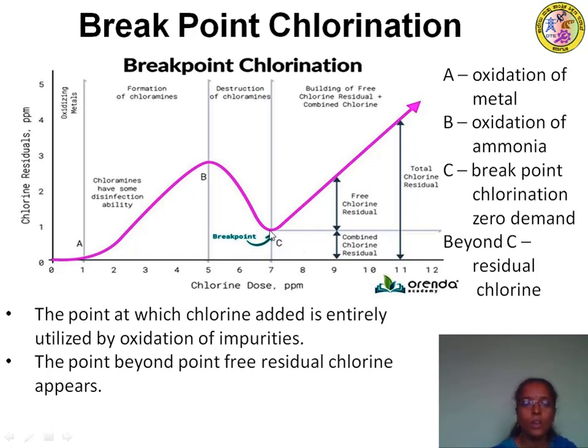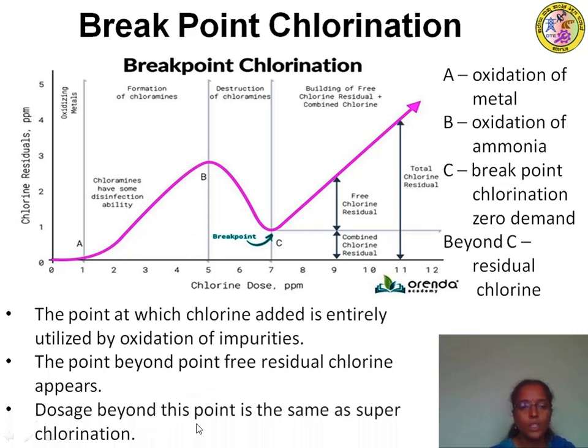Further addition of chlorine beyond breakpoint chlorination will be left as residual chlorine. So in the curve, at this point the residual chlorine is 0, and beyond point C it reappears. The dosage beyond this point is the same as superchlorination, that is, you are adding extra chlorine beyond the requirement.